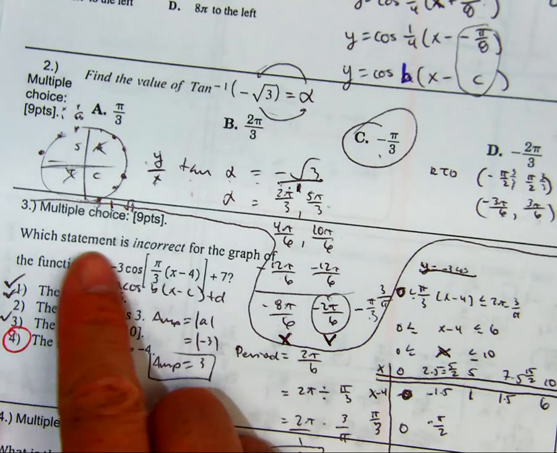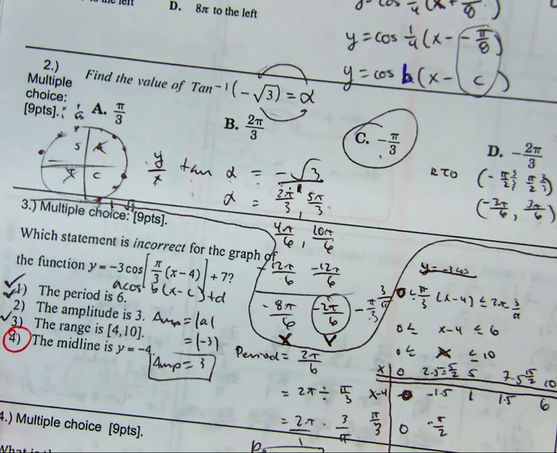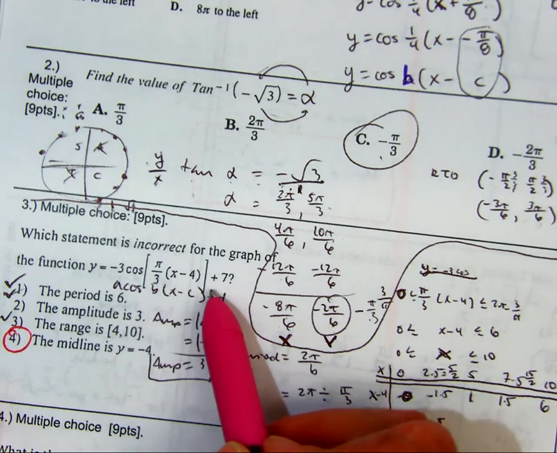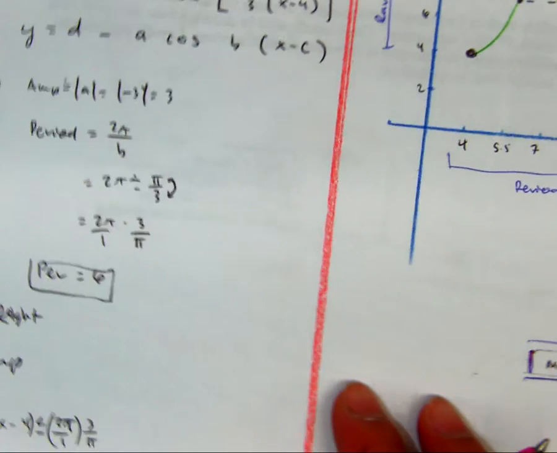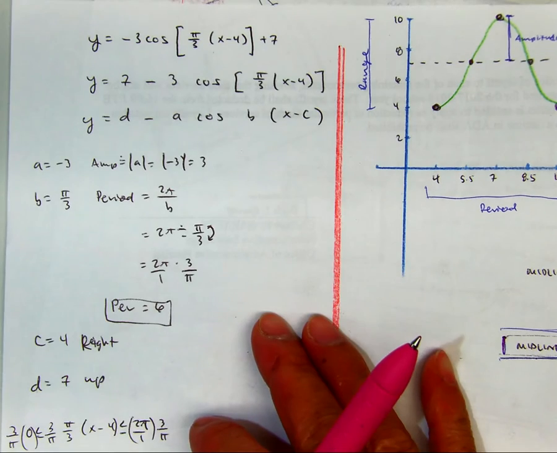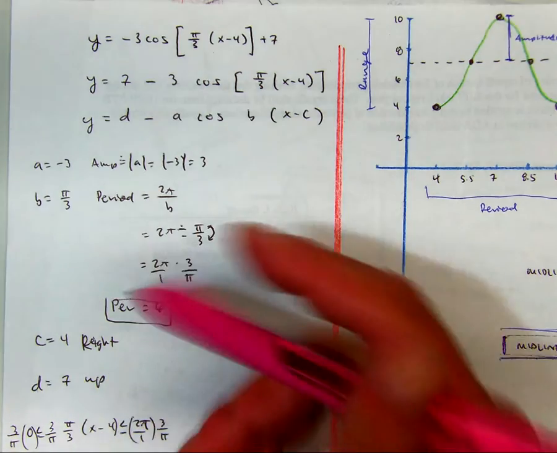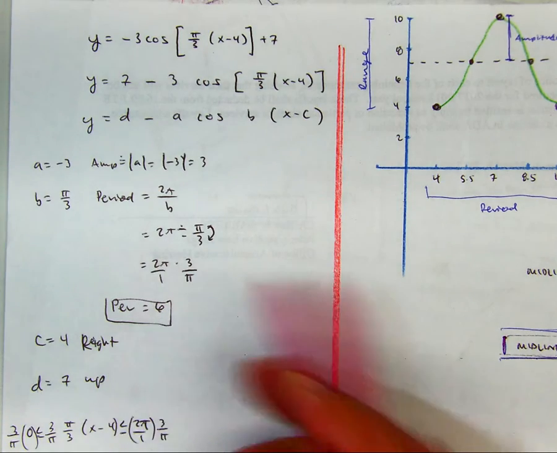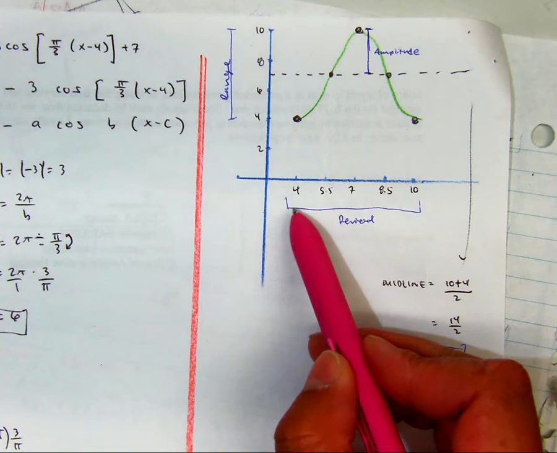Which statement is incorrect for the graph of y equals negative 3 cosine of pi over 3 times x minus 4, plus 7? Showing you the solution. So I just graphed the problem and then I compared it. So here are my A, B, C's, and D's. My period is 6. So this problem says the period is 6. That would be choice number 1, and that's true.